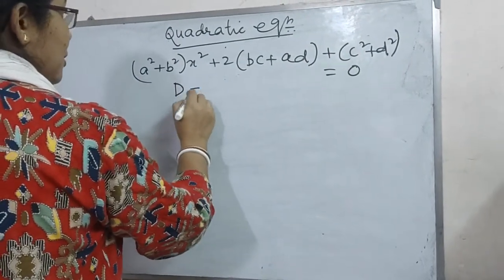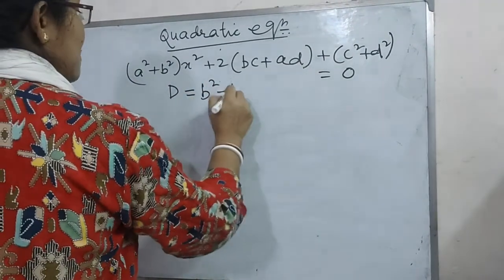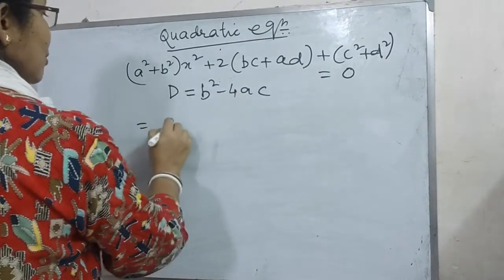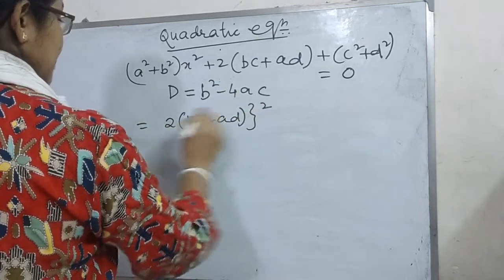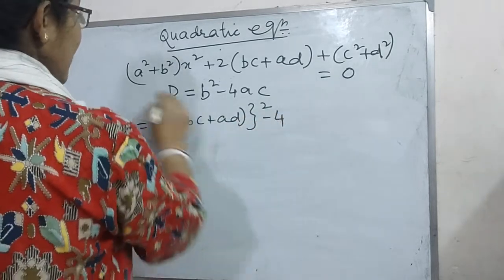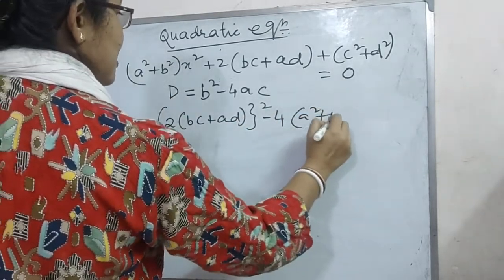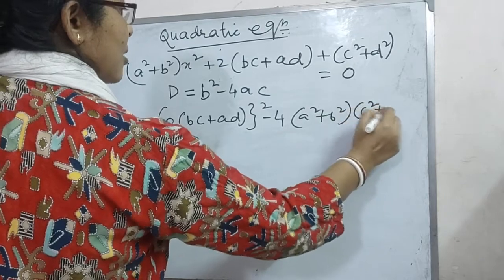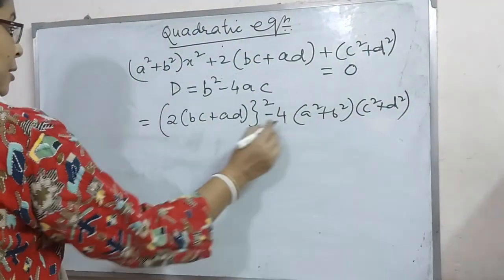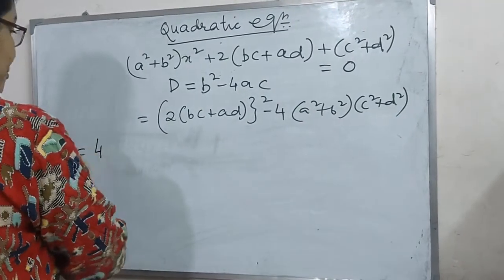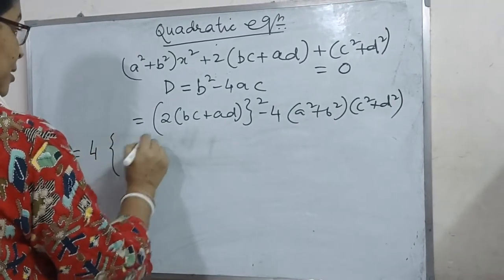Here we have D = b² − 4ac. Here b = 2(bc + ad), this whole squared, minus 4, a = a² + b² and c = c² + d². That means we have taken 4 common from here.